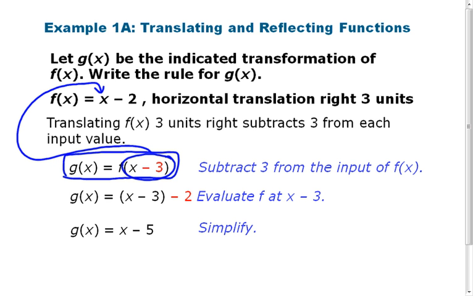So we put in x minus 3, and then a minus 2 will give us x minus 5, which is the same thing as subtracting 3 from each of those values as it goes in. So the new function, g of x, is x minus 5. Again, we just take the x minus 2, and we're putting in x minus 3 anywhere we see an x. Hopefully that makes sense.